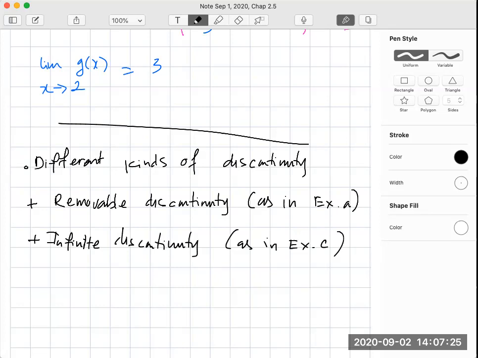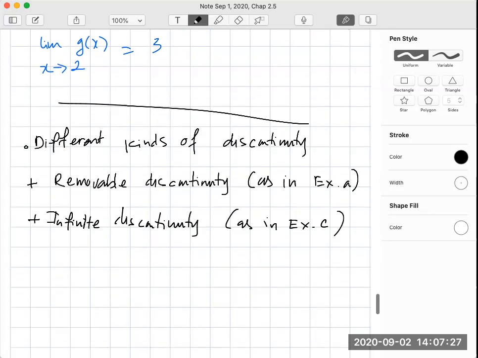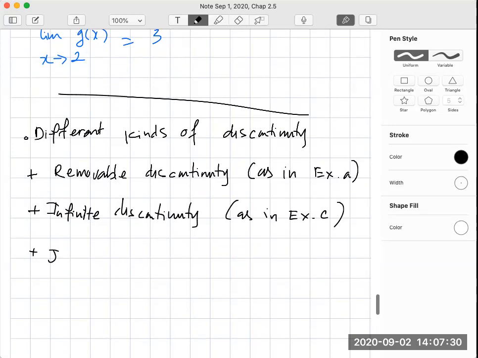And there are some other types. We call it jump discontinuity.